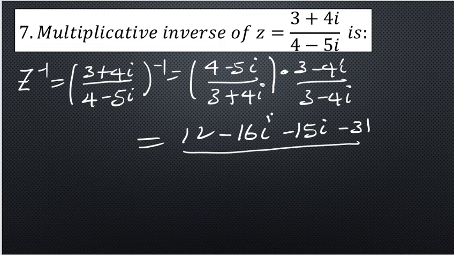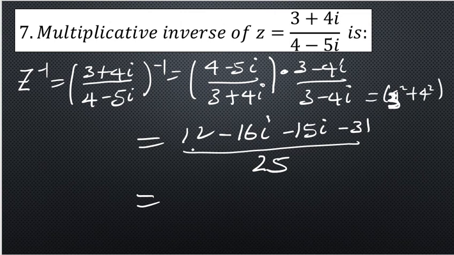The whole over the denominator, a squared plus b squared form will be written, which is 3 squared plus 4 squared, that is 9 plus 16, which is 25 anyways. Then 12 and the last term are constants, we can subtract. No, the last term, okay, this is not 31, wait a minute, let's correct it, because negative 5 times negative 4 is 20.